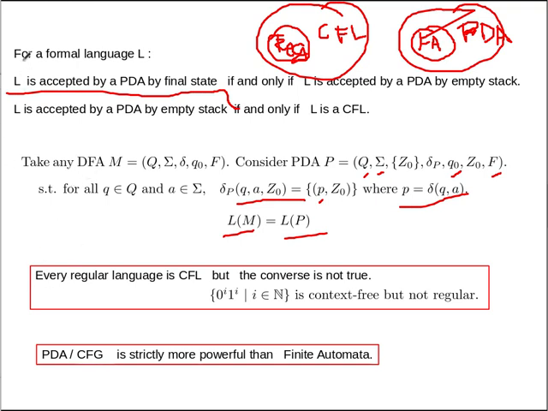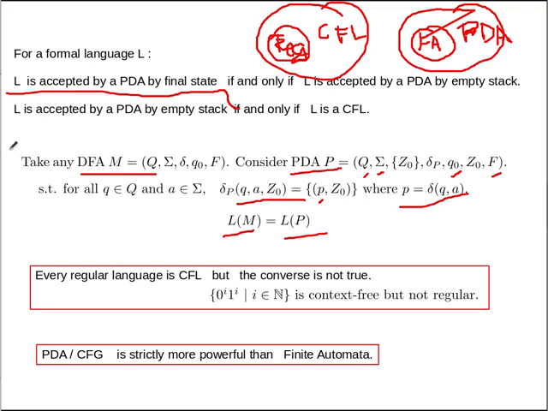So up to this point, what this is saying is that we take any DFA M and then we can construct a PDA P such that the language accepted by this DFA M is the language accepted by this P by final state.